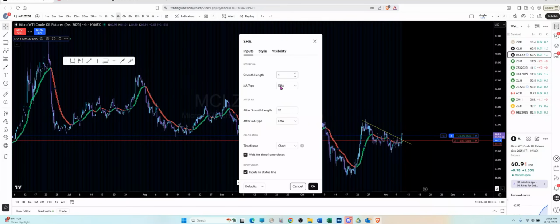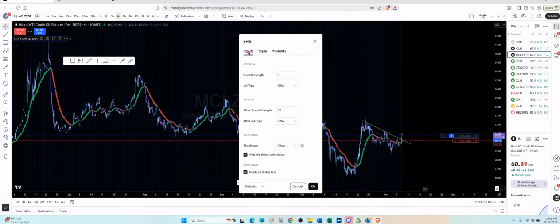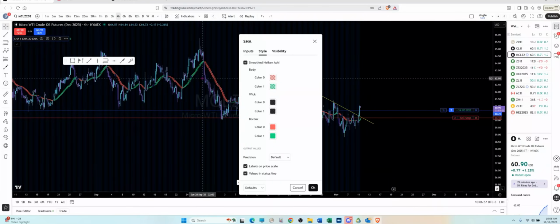So these are my settings: 1 EMA, 20 EMA, and then the only other thing I did is I took the wicks off. It's not really meant to be used the way I'm using it. So when you change the smoothing length to 1, you end up getting wicks on all of these red and green candles. Even if it's a strong downtrend, you'll get wicks on both sides. And it's just very distracting.